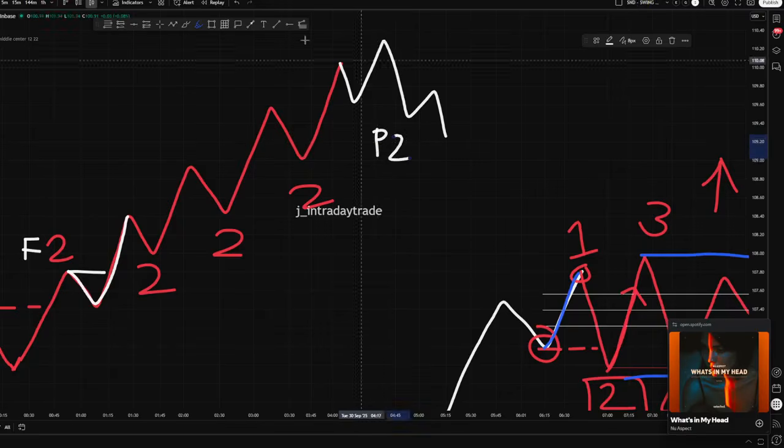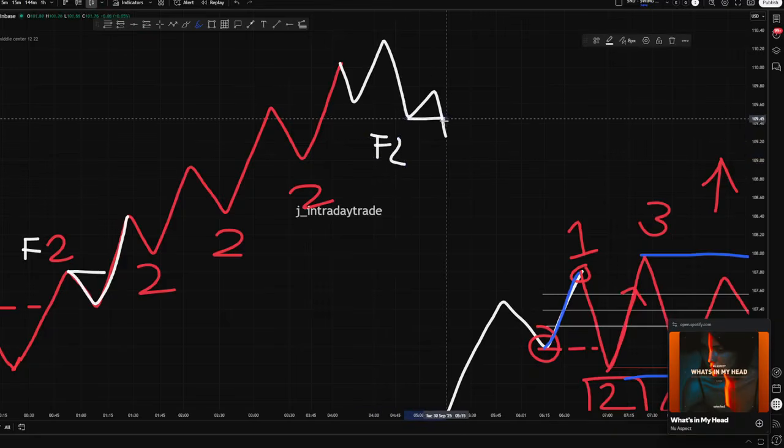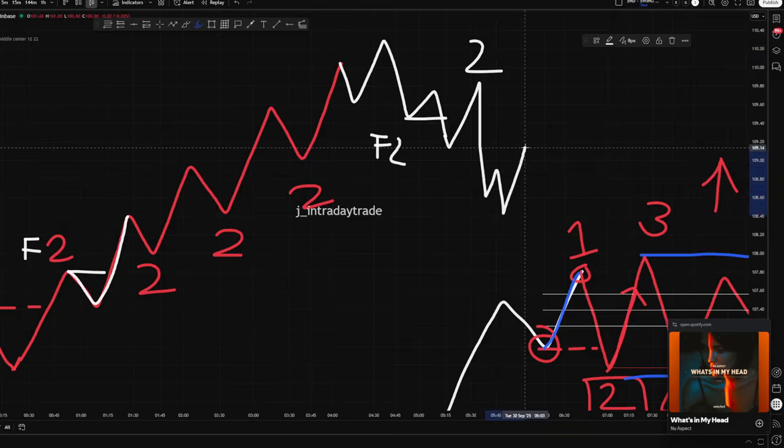P2. That shifts over into what? F2 right here. Price runs up, goes down. The twos are shifting. Price goes up, goes down.